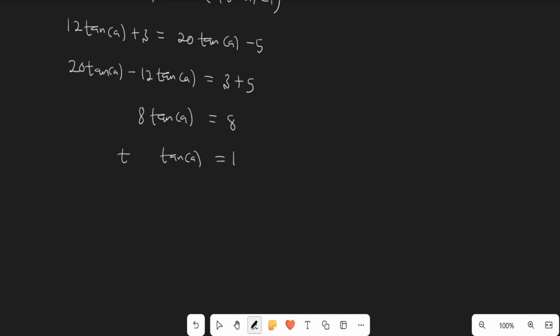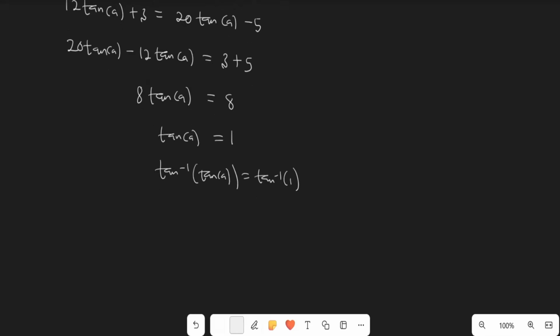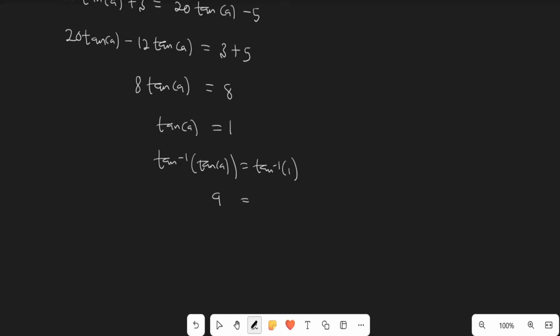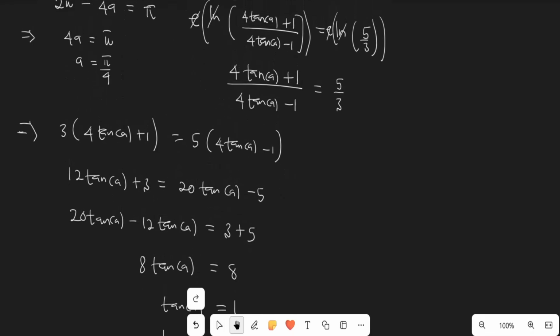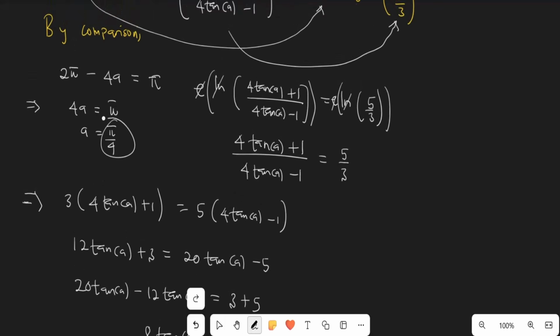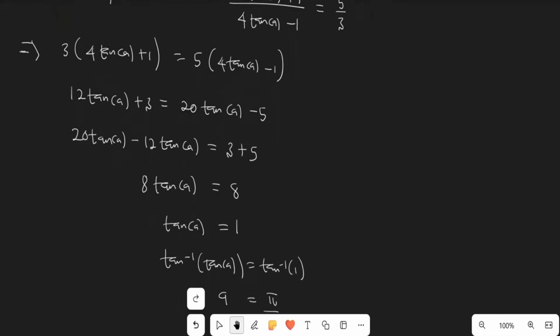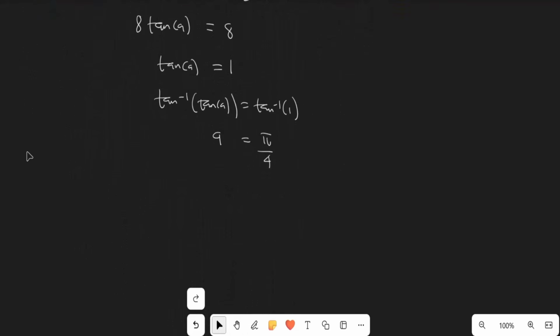The tan inverse of the tangent of a equals the tan inverse of 1. So this isolates a to be equal to tan inverse of 1, which is pi over 4. This pi over 4 matches the pi over 4 that we got from the first comparison. Therefore a is equal to pi over 4.